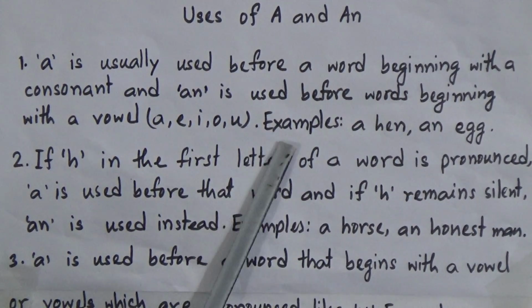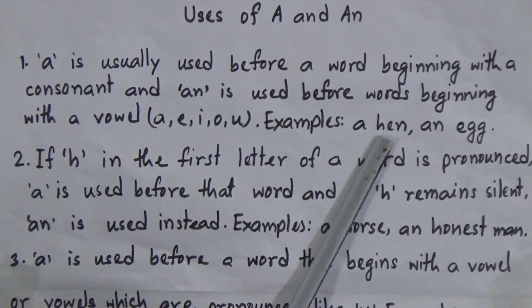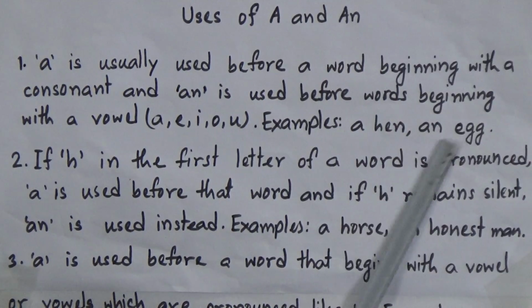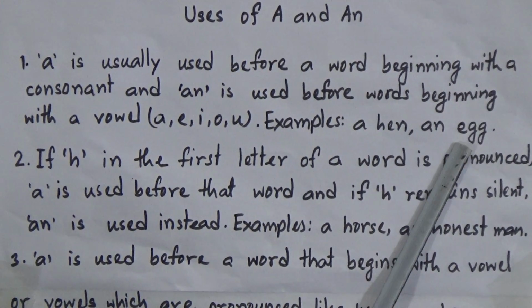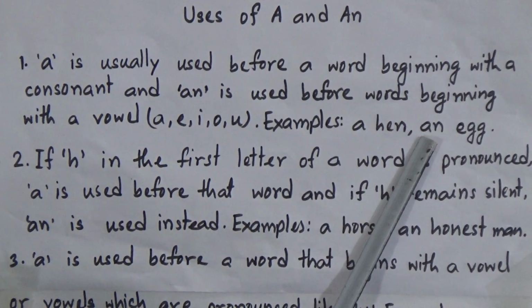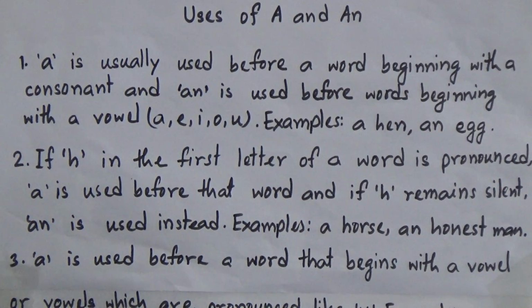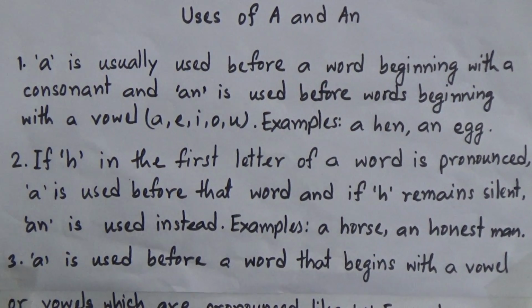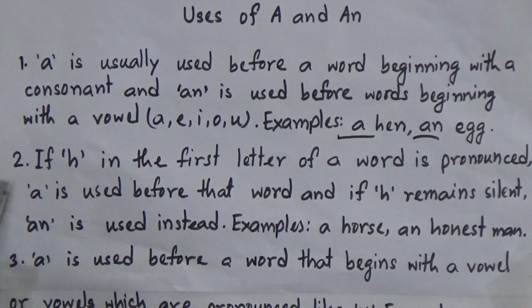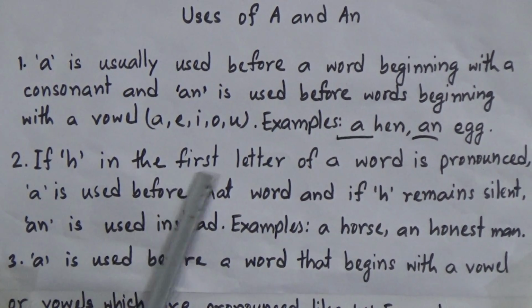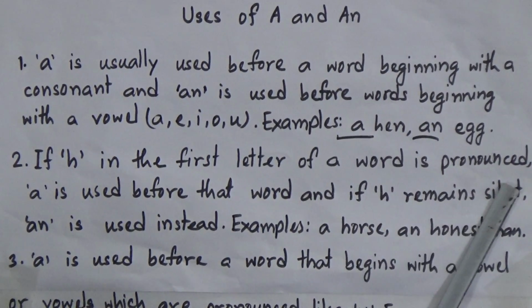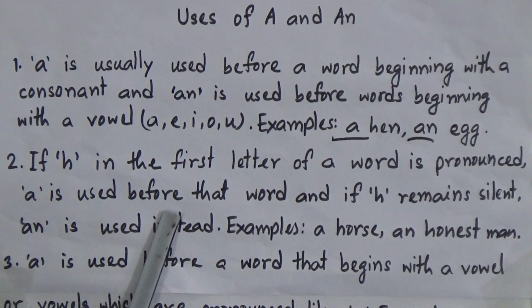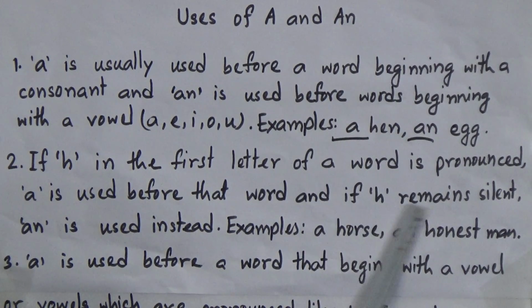Now look at these examples. A hen: H is a consonant sound. An egg: E is a vowel sound, that's why we use AN. Now rule number 2: if the H at the beginning of a word is pronounced, A is used before that word, and if H remains silent, AN is used instead.